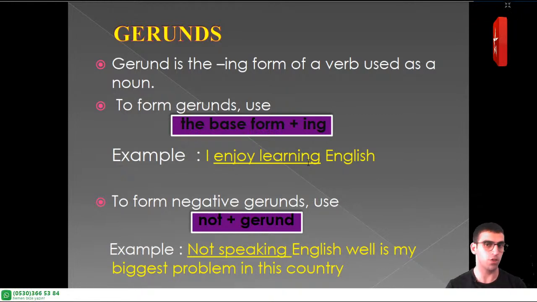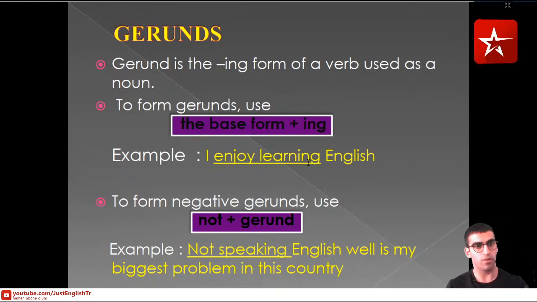I hope you got the meaning of the sentence. So the positive form: I enjoy learning English. Negative form: not speaking English well is my biggest problem in this country, guys.